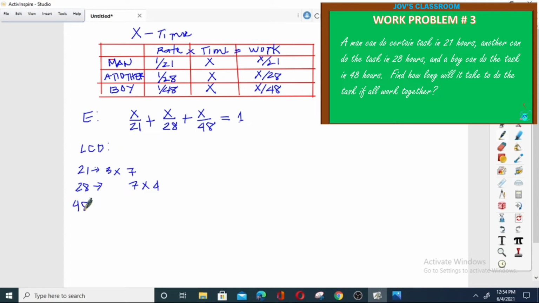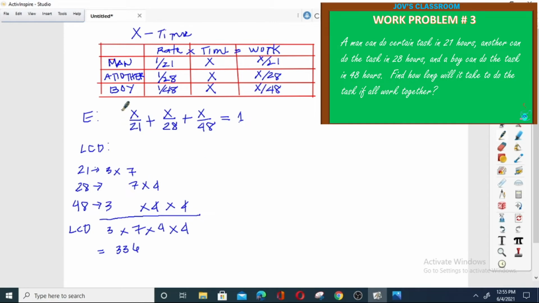And for 48, the factors are 12 times 4, and 12 times 4 is 48. And then the LCD, therefore, is 3 times 7 times 4 times 4, which is equal to 336.